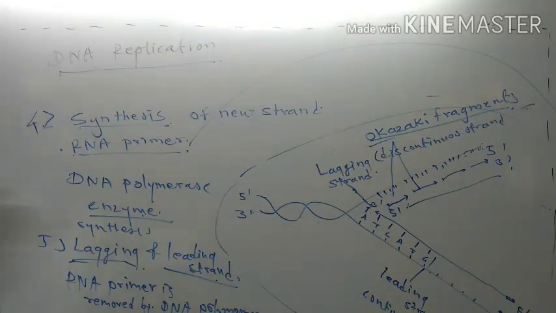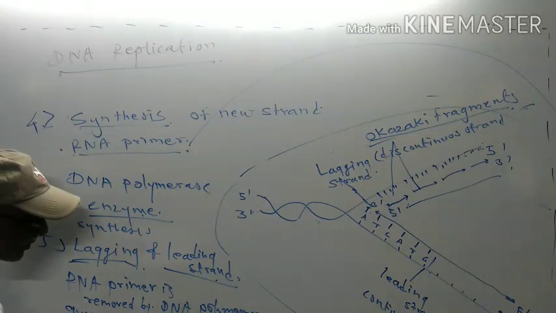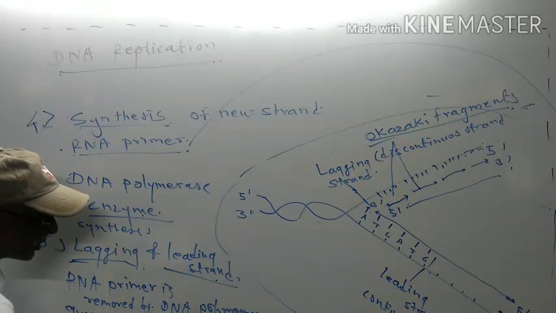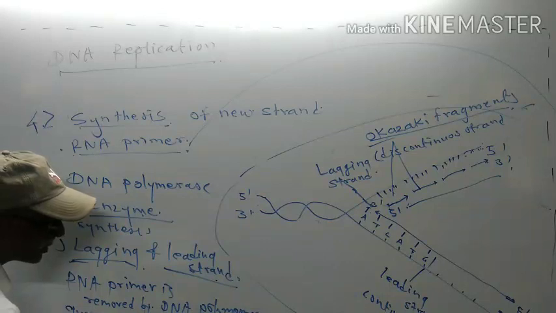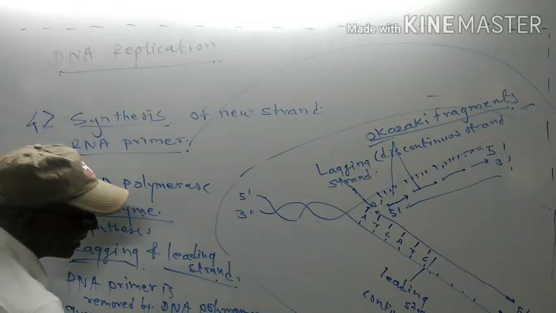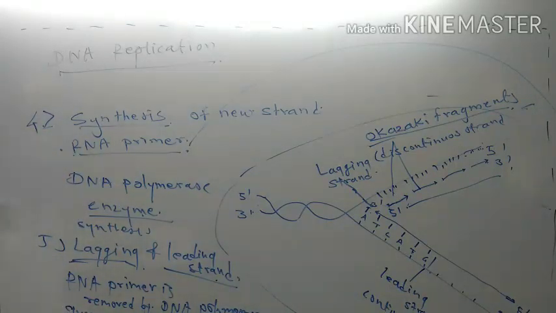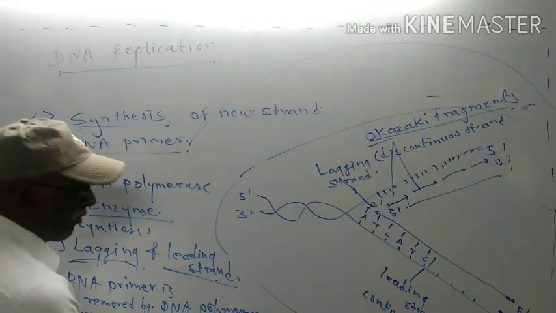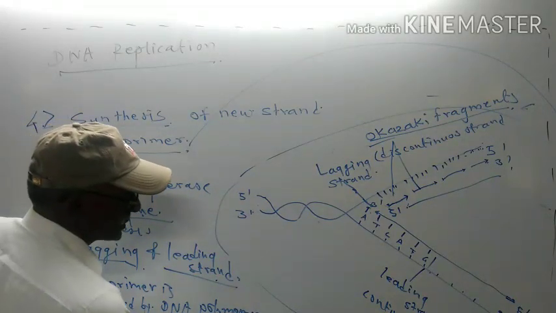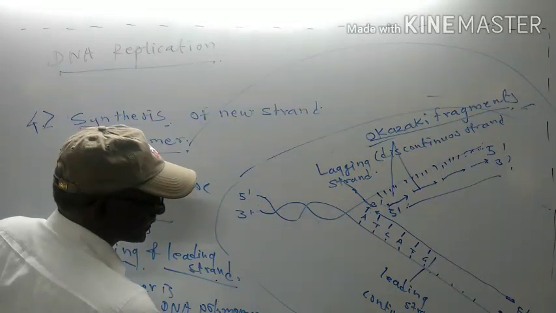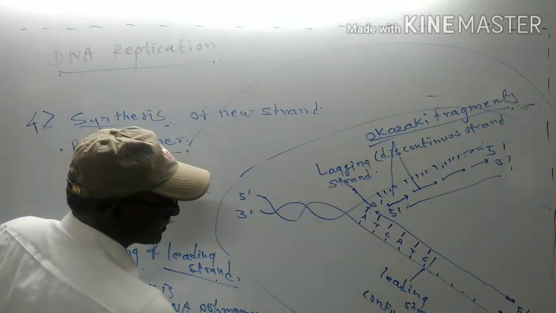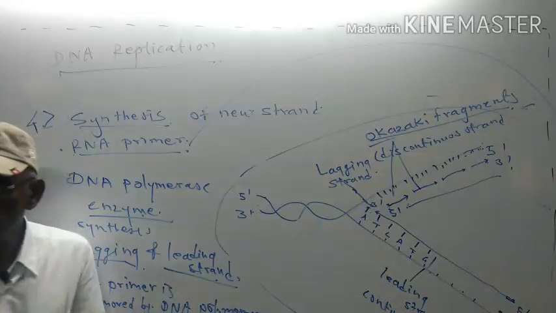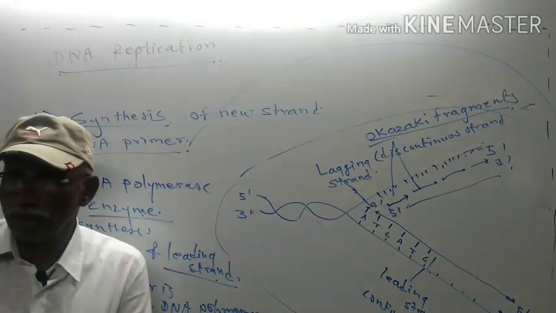So the topoisomerase enzyme or gyrase enzyme finally forms the new daughter strand, the double helix.